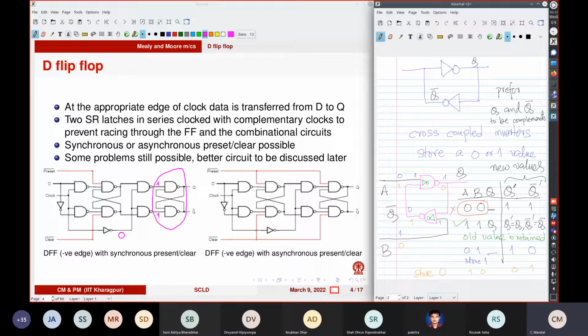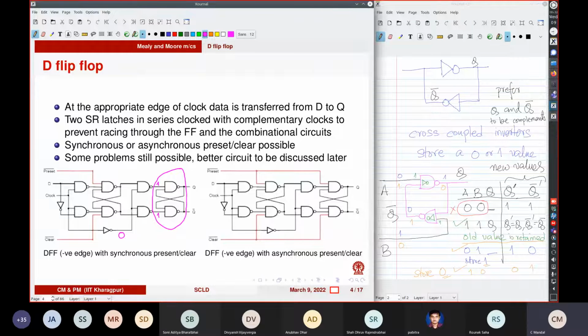So you're able to store a 0, you're able to store a 1, and you can also retain the old value. Okay. So now it's a useful device. All right. It's a useful device.